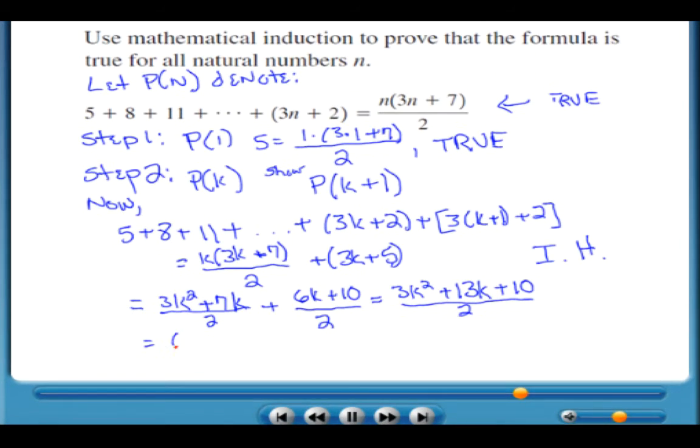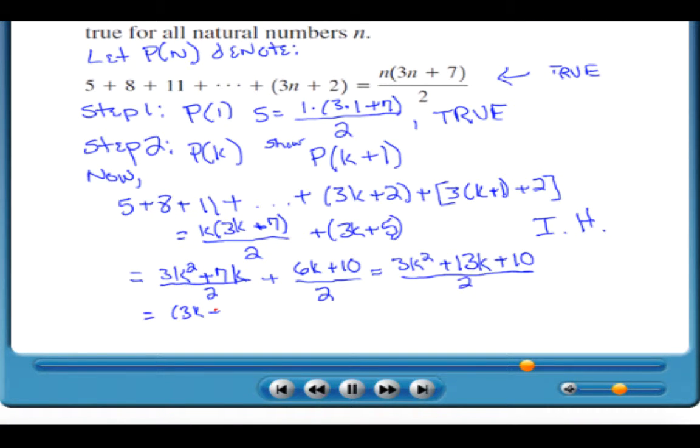which equals 3k plus 10 times k plus 1 over 2, which equals k plus 1 times 3 times k plus 1 plus 7 over 2.